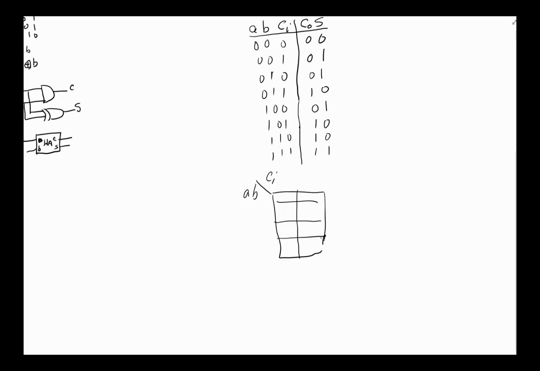This is 0, 1, 0, 0, 0, 1, 1, 1, 1, 0. Then we go down here. This is the Karnaugh map for C out: 0, 0, 0, 1, 0, 1, 1, 1. Okay, so hopefully I got that right.